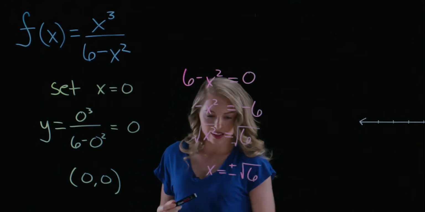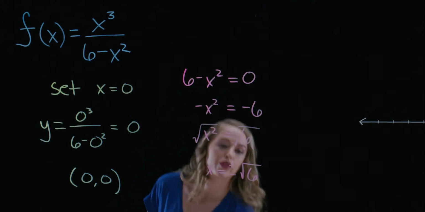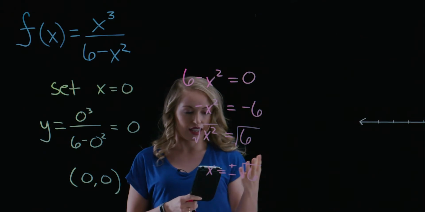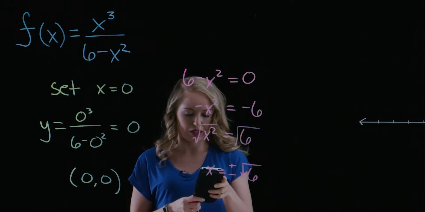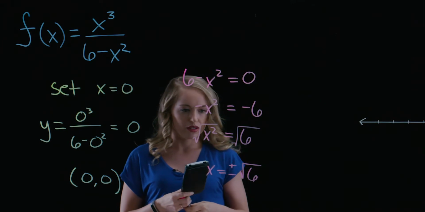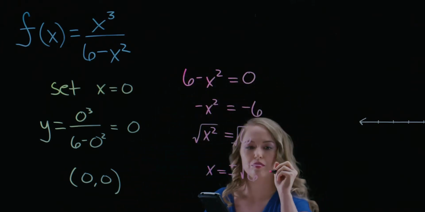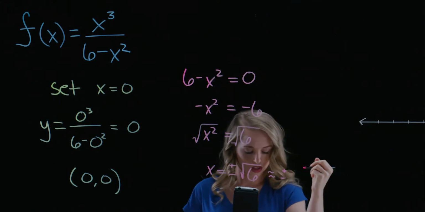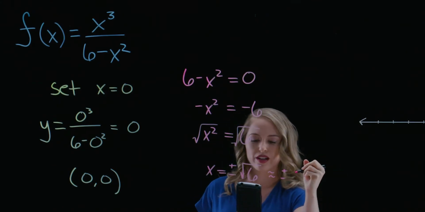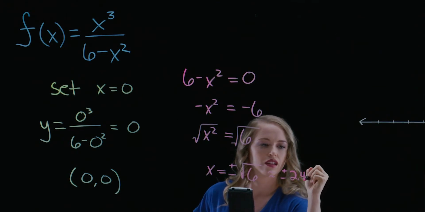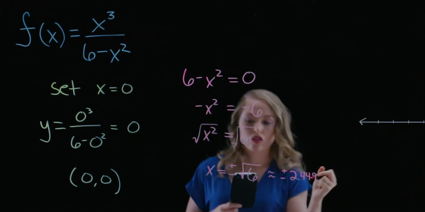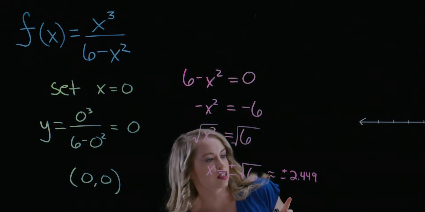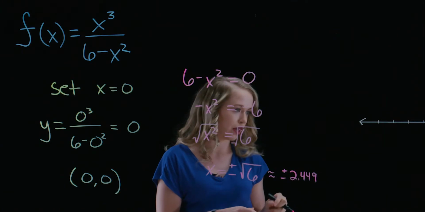Now, because I'm graphing this by hand, I'm going to go ahead and put the square root of 6 into my calculator so that I can get it as a decimal, which will be easier for me to graph. So I do that, I find that it is approximately plus or minus 2.449. Great. So what that tells me is that I'm going to have 2 vertical asymptotes at those spaces on my graph.